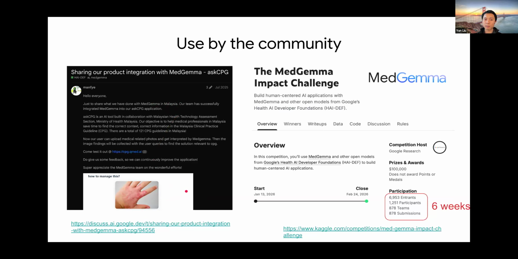That text-based caption then goes back into the text-based stack to continue that journey. Essentially, they had a text-based application, and they used MedGemma to enable the multimodal part of that workflow. It's pretty impressive they were able to do that so quickly, within about 10 days to 2 weeks from release.